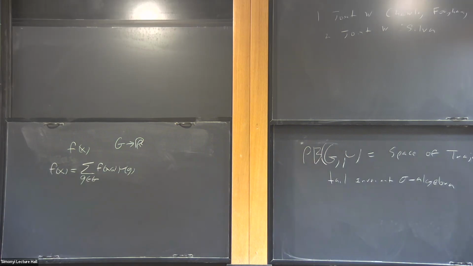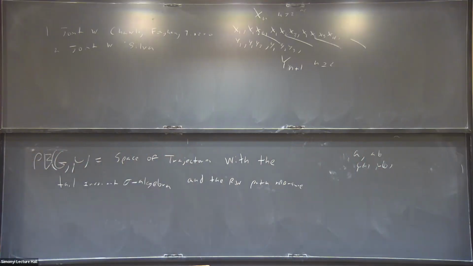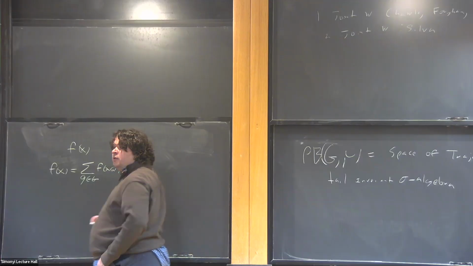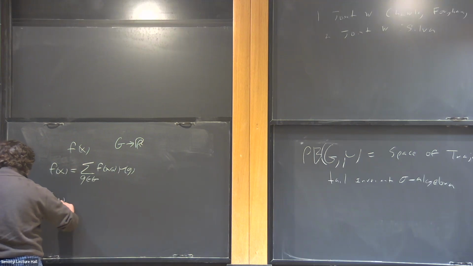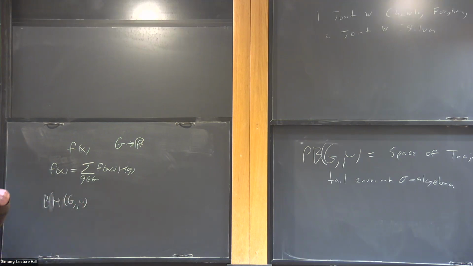And well, Furstenberg observes the following really cool characterization of them, which is we have our space of bounded harmonic functions on G mu. This is a nice Banach space.